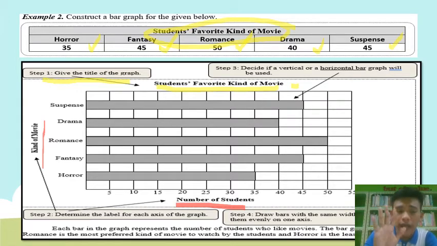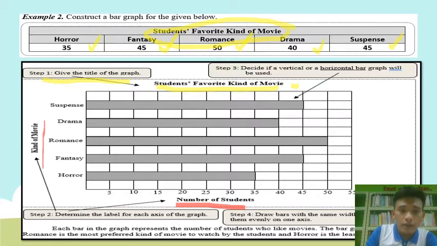The interval is by 5. So 5, 10, 15, 20, 25, 30, 35, 40, 45, 50, 55, and so on. It depends on what interval you want to use. It depends on you. You can start by 2, 10, 20. It depends on the given.